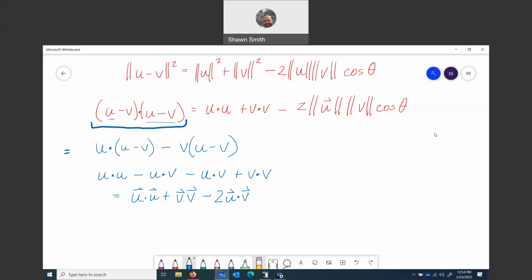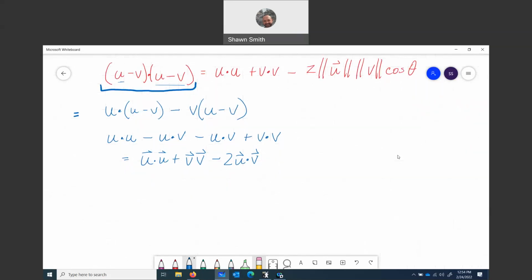Now we have to put all this back together. That's the left-hand side, right? You see some things cancel out. U dotted with U, same values on the left and the right, cancel them out.